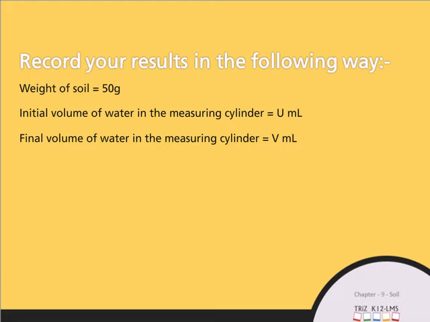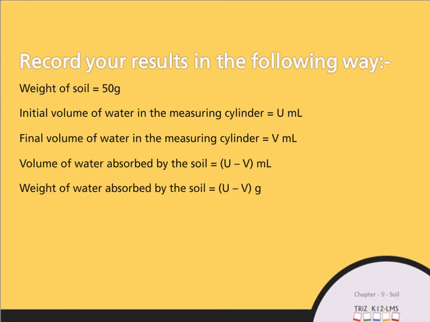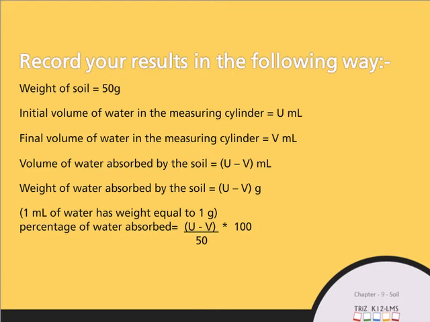Final volume of water in the measuring cylinder is equal to V ml. Volume of water absorbed by the soil is equal to U minus V ml. Weight of water absorbed by the soil is equal to U minus V g. 1 ml of water has a weight equal to 1 gram. Percentage of water absorbed is equal to (U minus V) divided by 50 into 100.